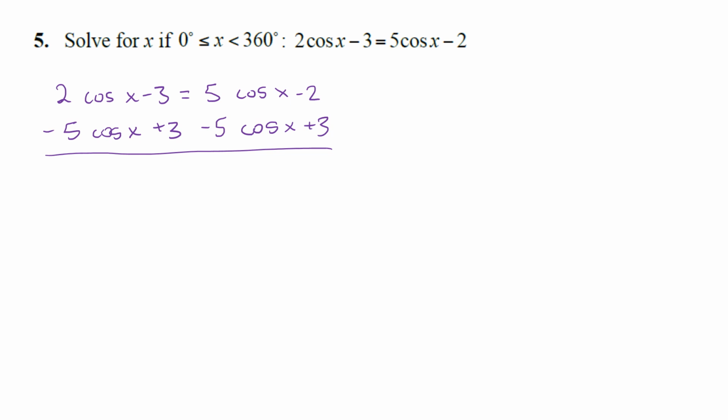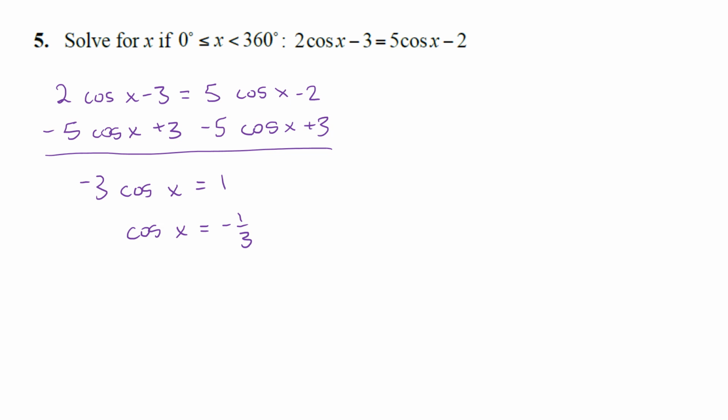So this will give us 3 cosine x equals 1. So cosine x equals negative 1/3. Okay. Now, negative 1/3 is not one of the standard values on our unit circle.